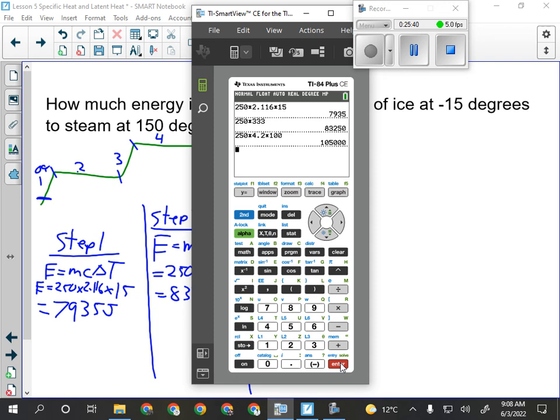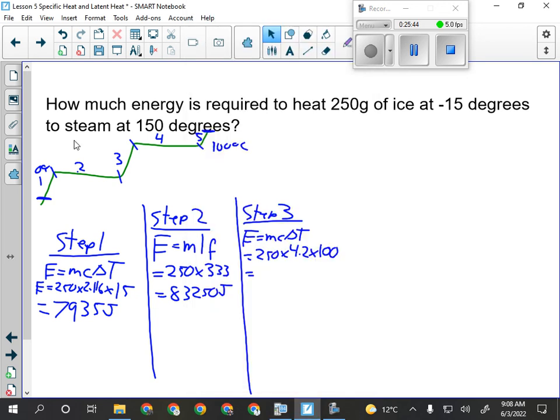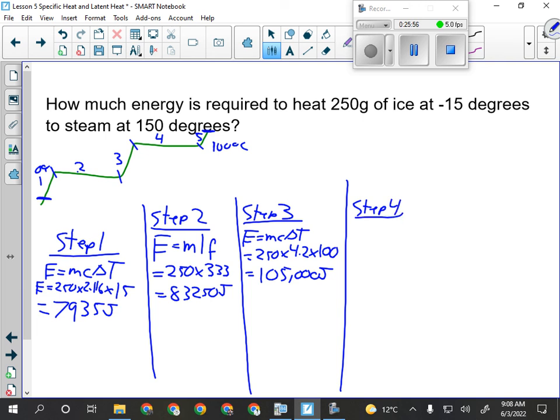All right, so that takes 105,000 joules. Okay, when I'm done step 3, I have boiling water, liquid water at 100 degrees Celsius.